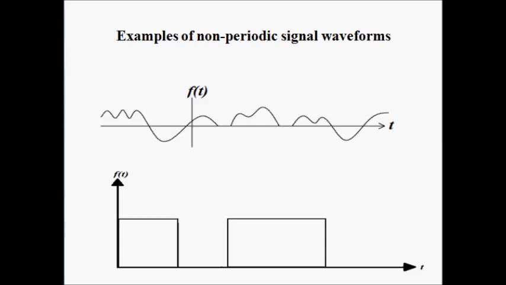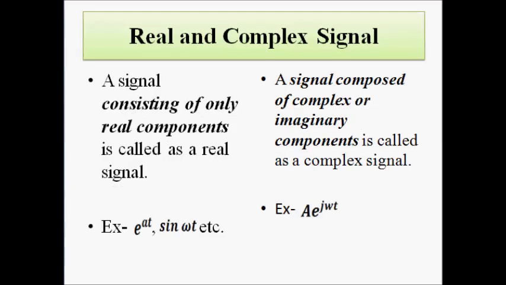Then we have real and complex signal. It's obvious, if a signal consists of only real components and no imaginary component, it's a real signal. Examples: exponential signal, sine signal, cosine signal.